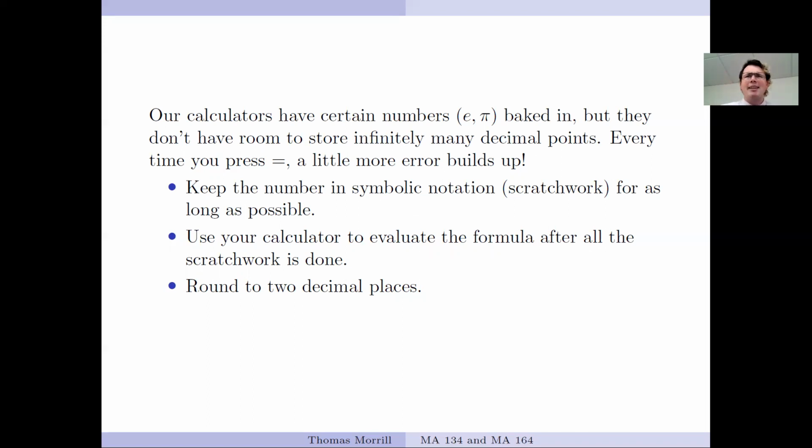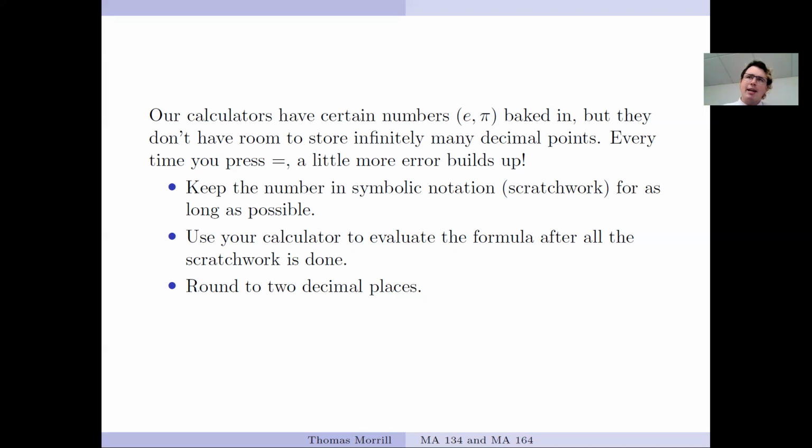And it does that all behind the scenes, which is very nice for day-to-day use. But the calculator is making that decision by itself. And every single time we ask the calculator to do something for us, it's going to make that rounding decision every single time we press the equals button, every time we ask it to evaluate some expression.